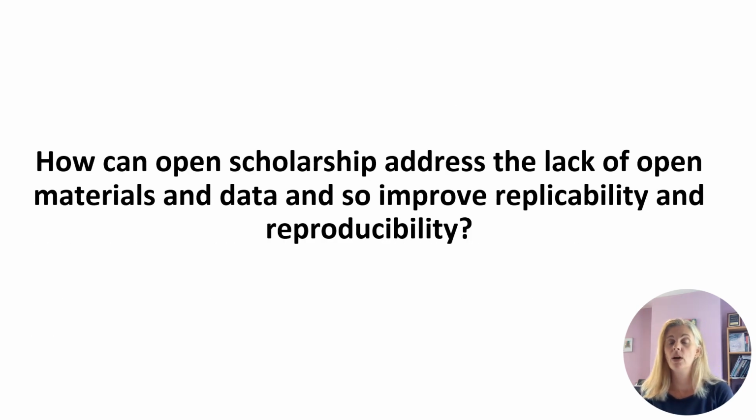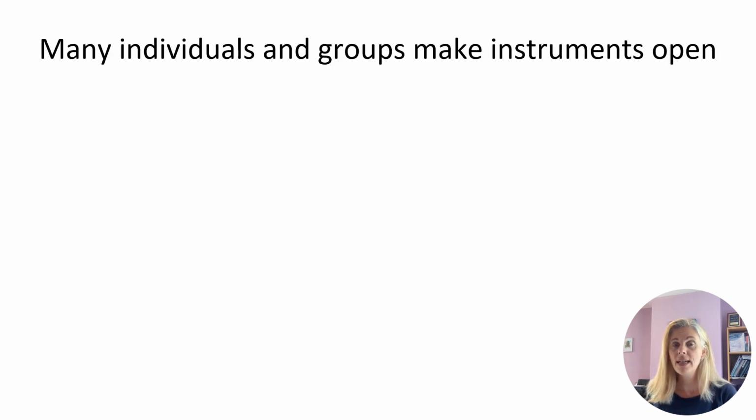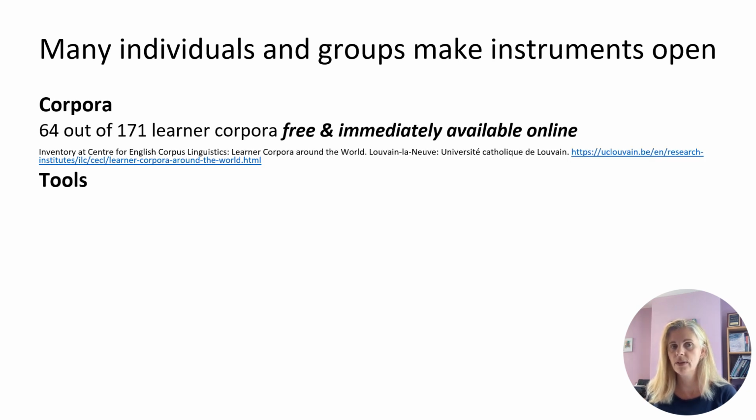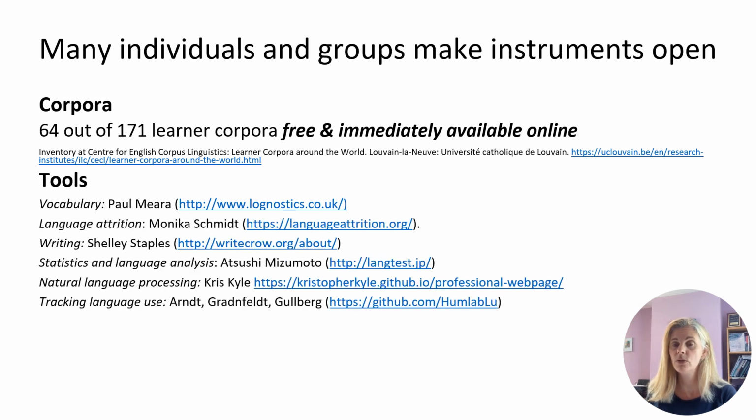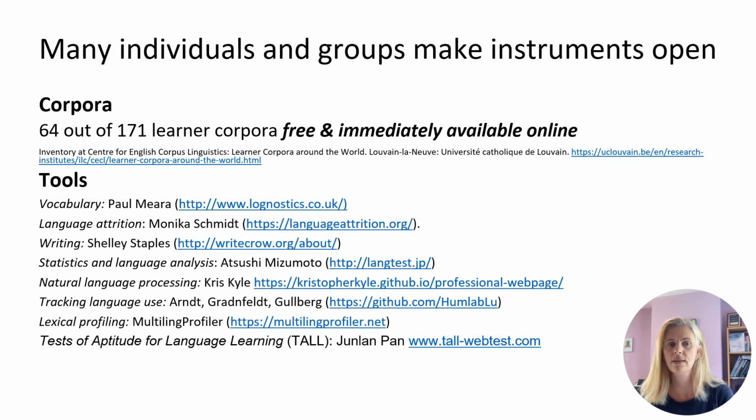So, how can open scholarship, things like IRIS, address the lack of open materials and data, and so improve replicability and reproducibility? Many individuals and groups do make instruments open. There are many language corpora that are available, and there are many tools that are made available by a range of individual researchers on their own websites or on institutional websites.